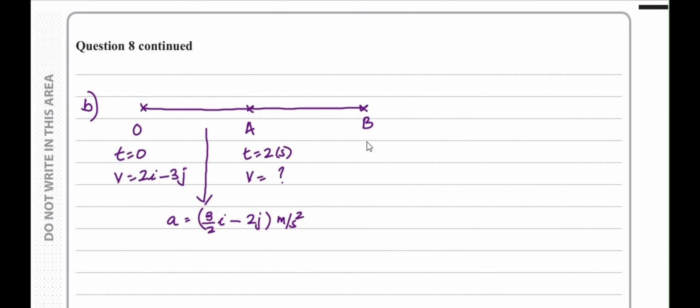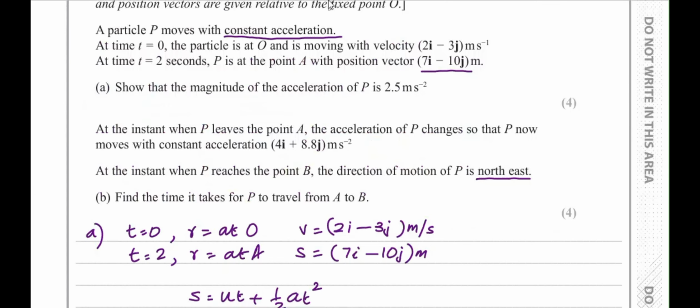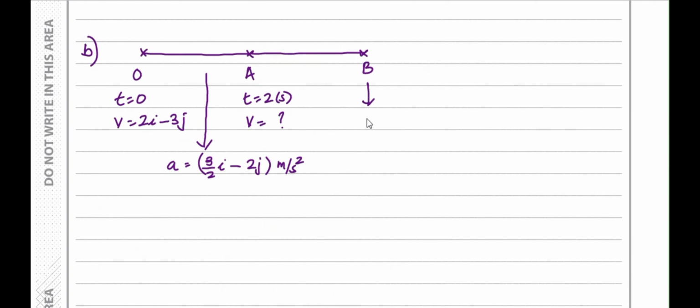Okay, at B, we have been told that the new acceleration is 4i plus 8.8j, and we need to find the time it takes for P to travel from A to B. We need to find the time at B. We also need to find the velocity at B, but we have been told that the direction of motion is northeast. And the acceleration when it leaves A is 4i plus 8.8j.